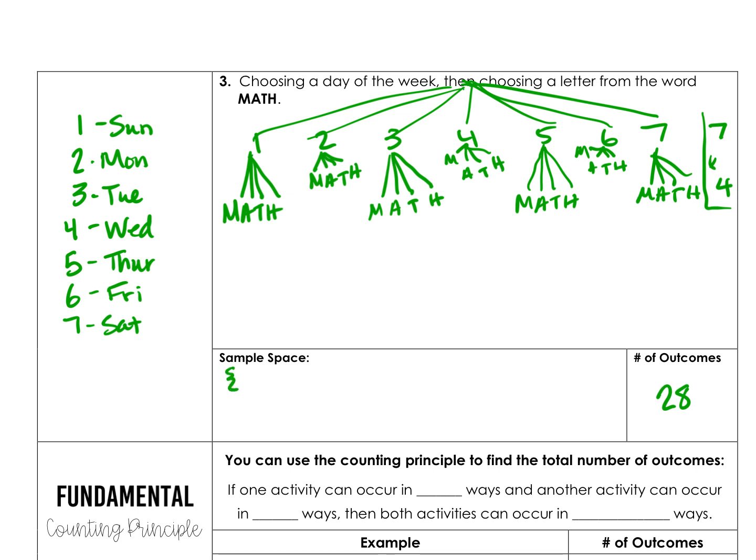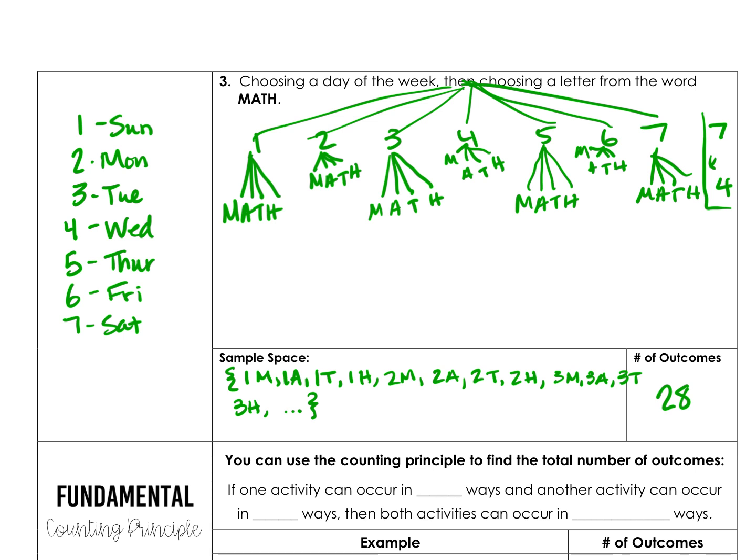Your sample space is going to be writing out 1M, 1A, 1T, 1H, 2M, 2A, 2T, 2H, 3M, 3A, 3T, 3H, etc.